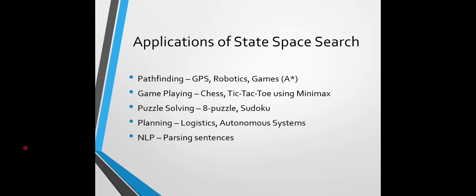Search also solves classical challenges like the 8 puzzle and Sudoku. Furthermore, complex problems like logistics management and the operation of autonomous systems rely on search for planning, finding the optimal sequence of steps to achieve a goal. Even tasks in natural language processing, like parsing sentences, use search principles.